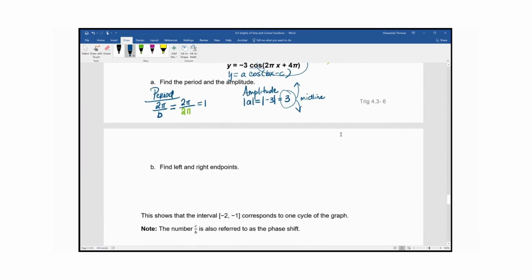So start: 2 pi x plus 4 pi equals 0, and end: 2 pi x plus 4 pi equals 2 pi.